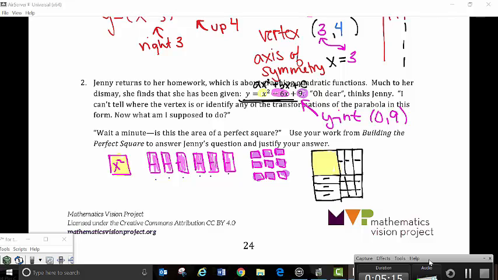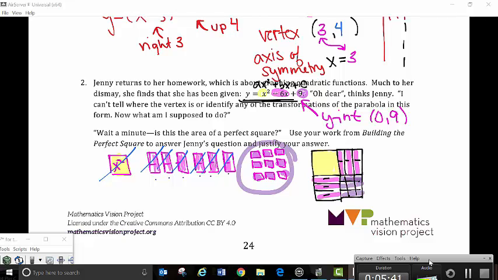Okay, that goes there. 1, 2, 3, 4, 5, the 6 pieces. So we've used up that. And how many do we have for the corner? We have 9 of them. Let's see. 1, 2, 3, 4, 5, 6, 7, 8, 9. Sure enough, it is a perfect square.